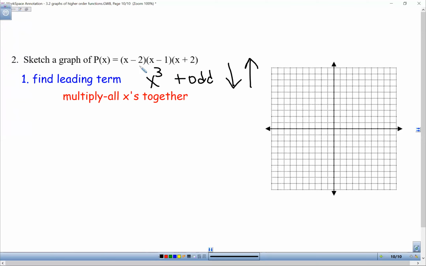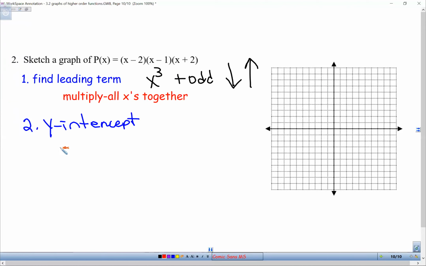Our intercepts are pretty simple because we can use our factors to get our intercepts, but we also need to get our y-intercept. So to get the y-intercept, it's kind of like our leading term.